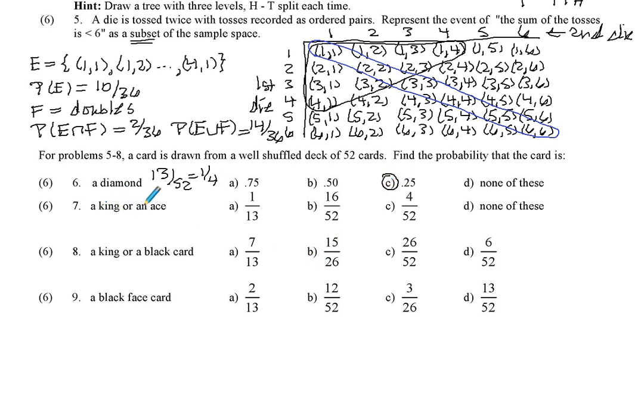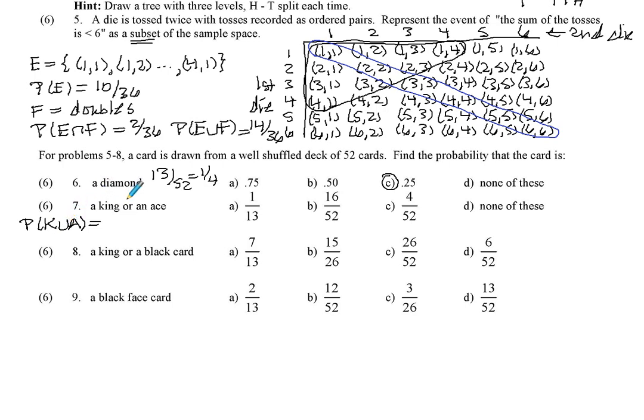Probability it's a king or an ace. So there are 2 ways to do this. We can find the union of the two sets, count the outcomes in there, and put it out of 52. Or we can use the addition rule, because union is addition, or is addition.